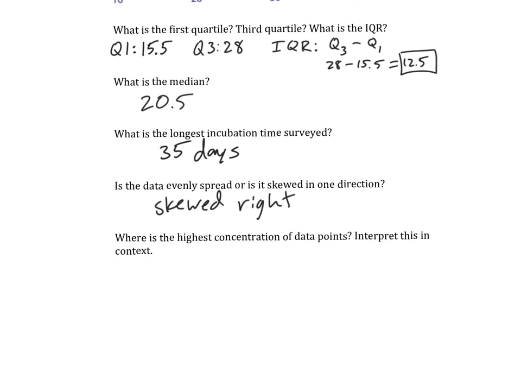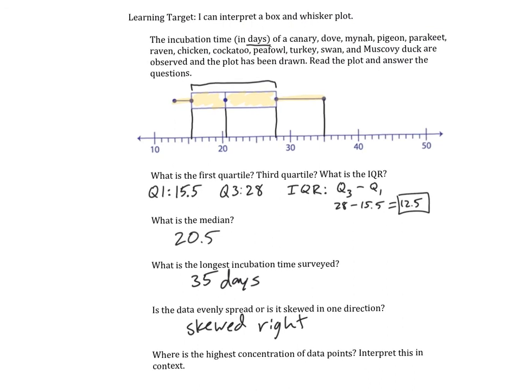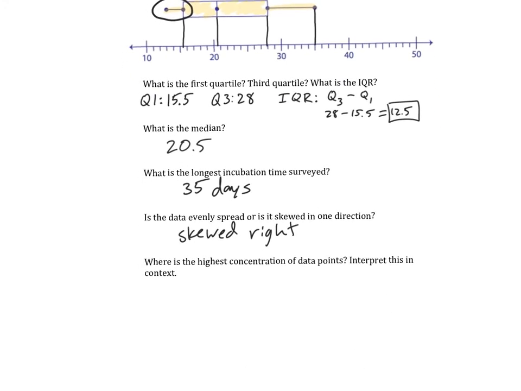Okay, and then we want to look at the highest concentration of data points. Well, that's right here where we have the smallest range between them, the smallest difference between the minimum and the first quartile. So we'll say that the highest concentration is between the min and the first quartile, quartile 1.